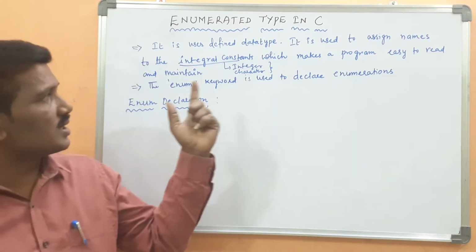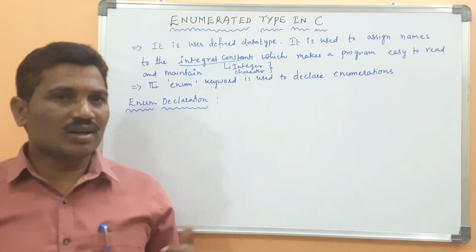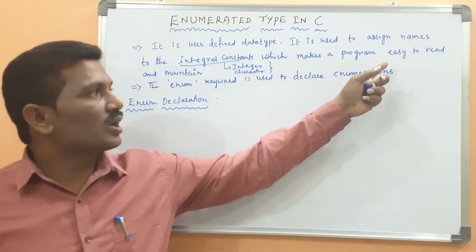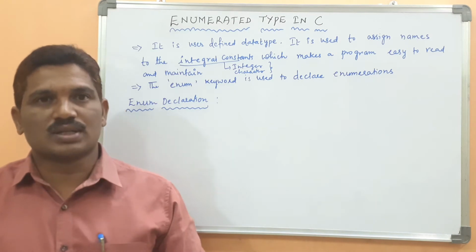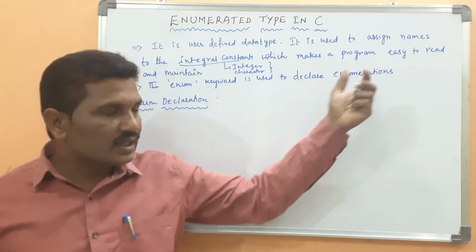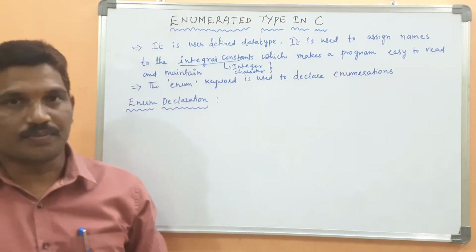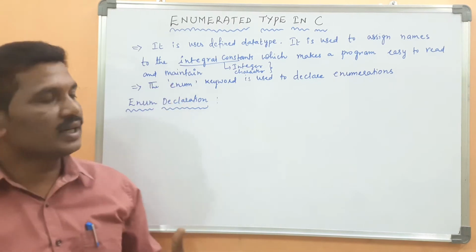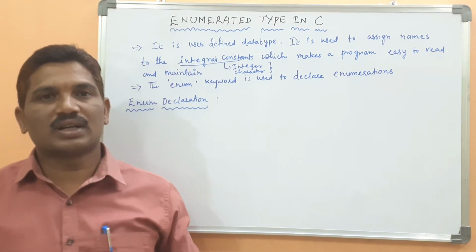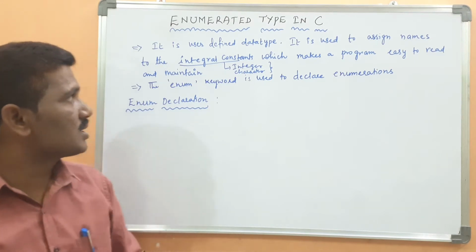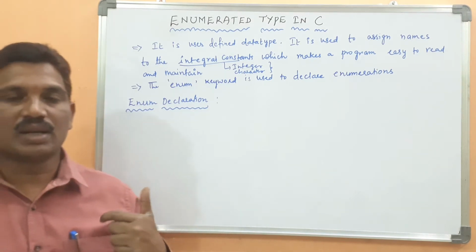You can assign names to either integer constants or character constants, which makes a program easy to read and maintain. For reading purposes, we can easily maintain this kind of application whenever we use the enumerated type.